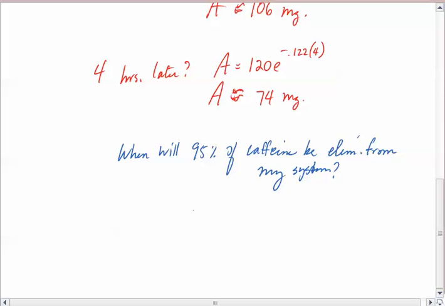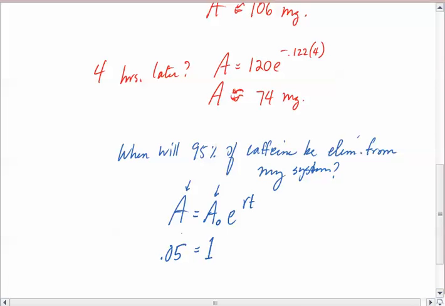So let's take a look. Here's my formula: the initial amount times e to the rt. What I want to know is when will it be just 5%?